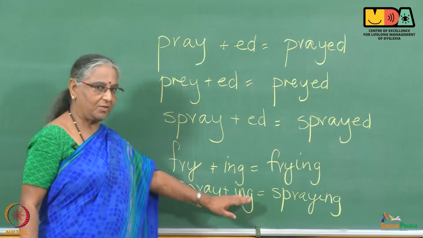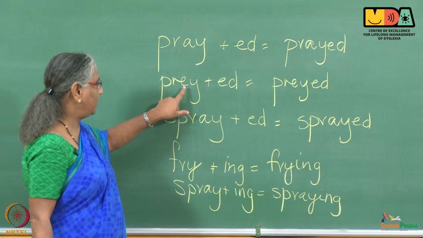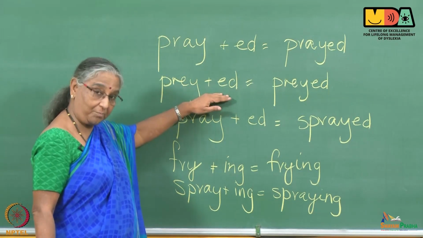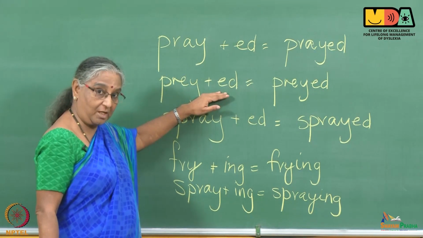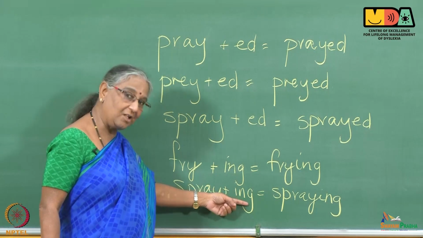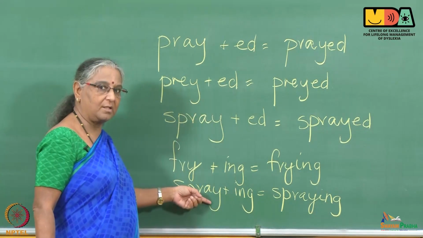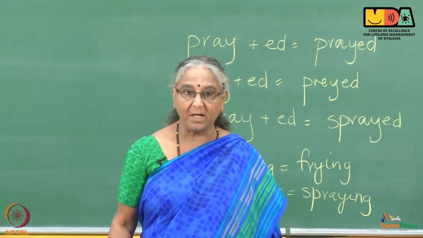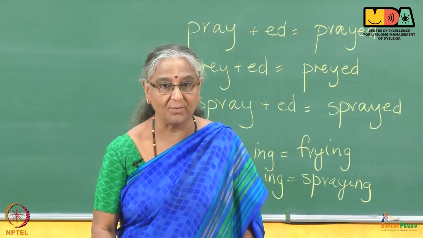So, if you notice, regardless of whether there is a vowel before the y, in which case we keep the y the same, we do not change it, when you add ing, in both these cases the y remains the same, and that would be your morphology rules.